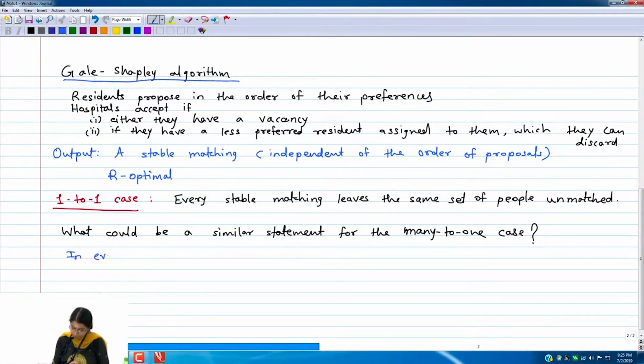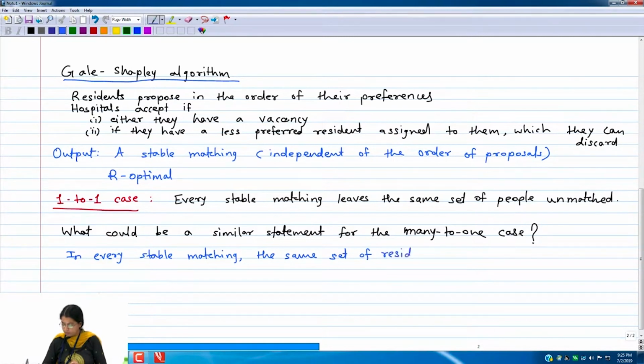In every stable matching, the same set of residents is unmatched, which is no different from the one-to-one case, and the same set of hospitals is undersubscribed.